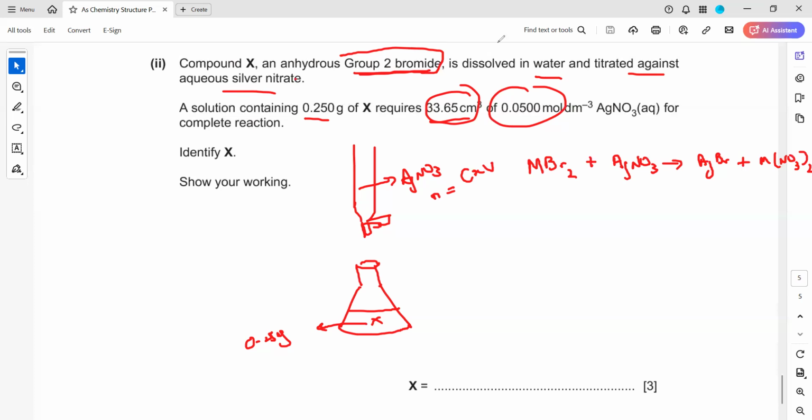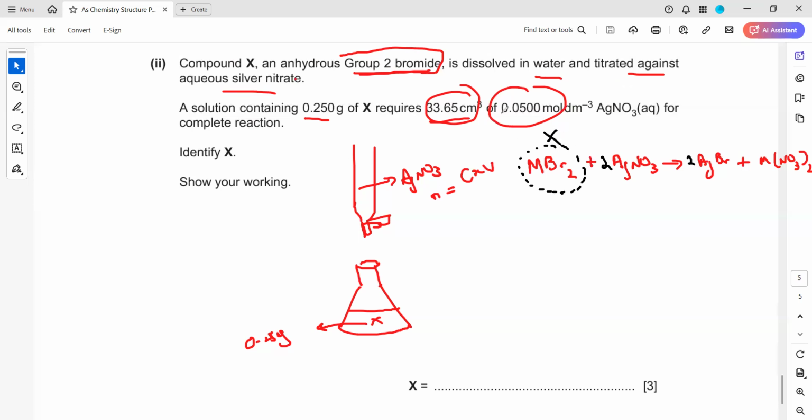To balance the equation, there are 2 nitrates so we put 2, and there are 2 bromines so we put 2. Rest is balanced. This is called compound X.